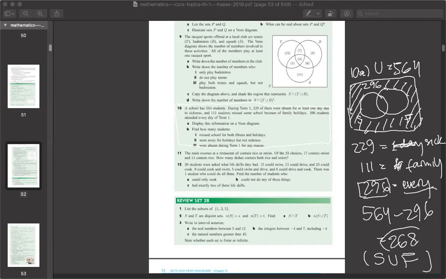Okay, so with this number and some of these numbers, you can finally find each section. We can find the people who only miss school because of sickness, and the people who only miss school because of family business.